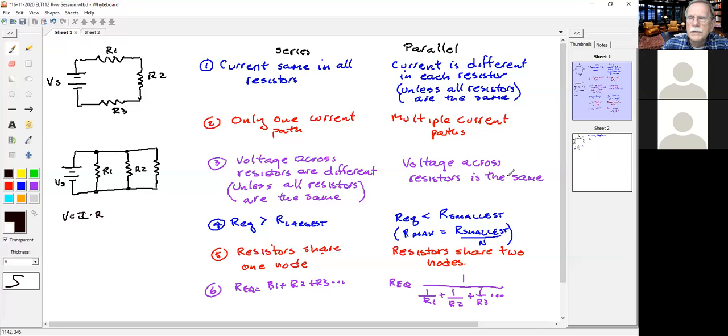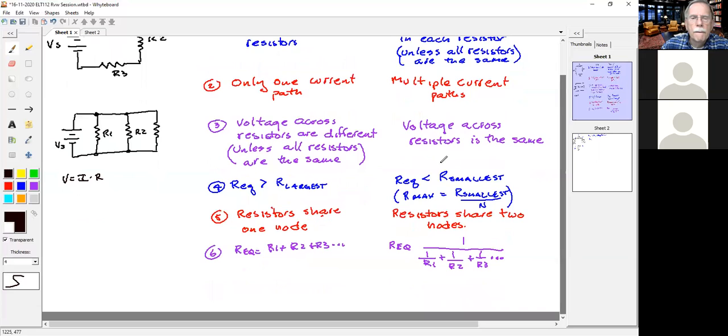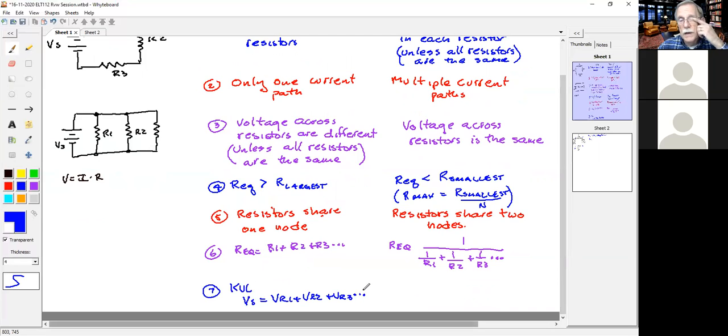In a series circuit, you had Kirchhoff's voltage law, which said Vs is equal to VR1 plus VR2 plus VR3 for as many voltage across resistors as you've got.